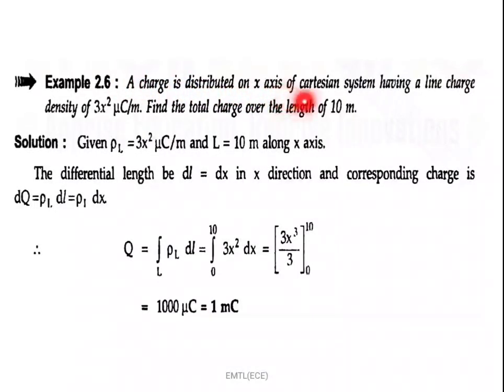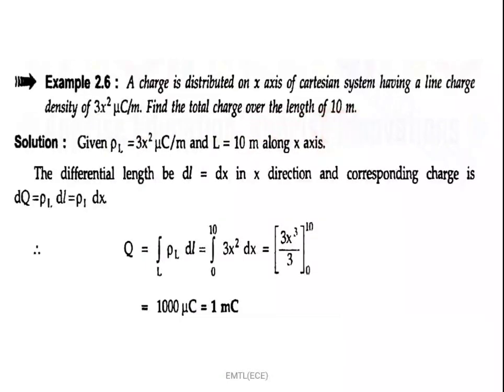a charge is distributed on the x-axis of a Cartesian system having a line charge density 3x square microcoulomb per meter. Find the total charge over the length of 10 meters.